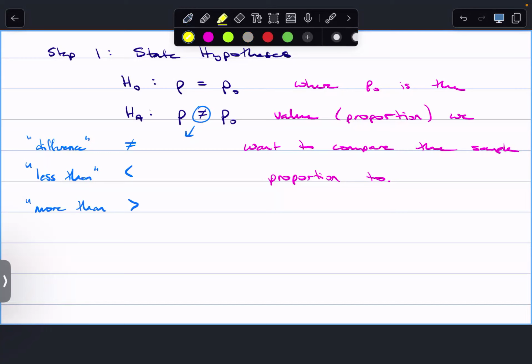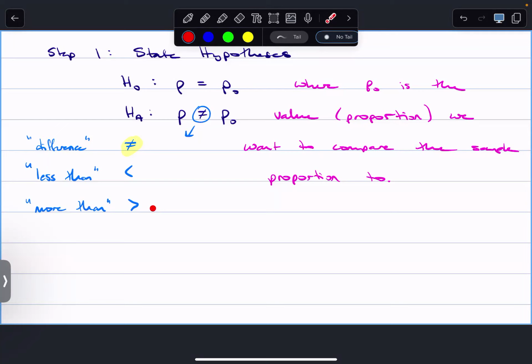For us, even if we feel like we should be testing more than, I'm going to encourage you to just use the not equal to. It's going to be our default. The reason for that is, if we want to know if more than 50% voted for this candidate, then we're only looking at one tail, which is fine.